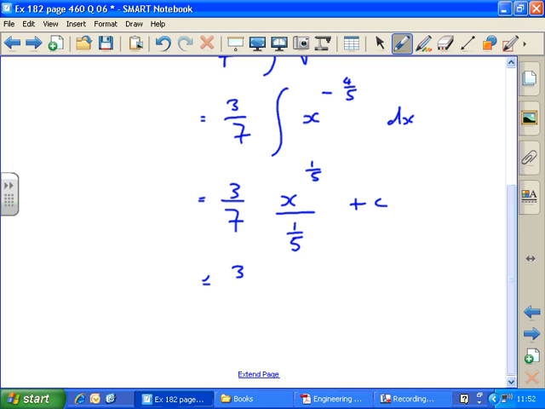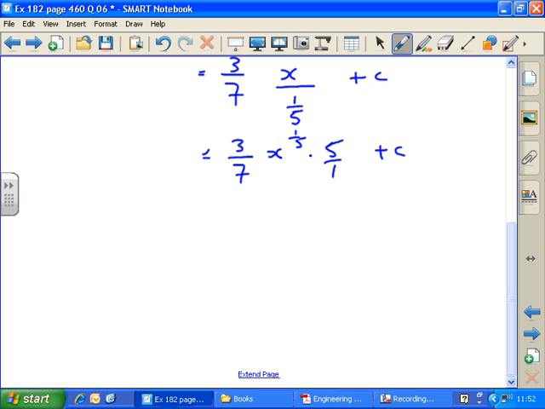So this becomes 3 over 7 times x to the 1 over 5 times 5 over 1, if you like, plus c. So now tidying up, 3 times 5 is 15 over 7 x to the 1 over 5 plus c.